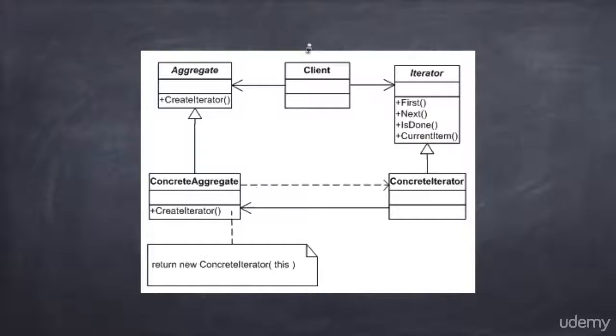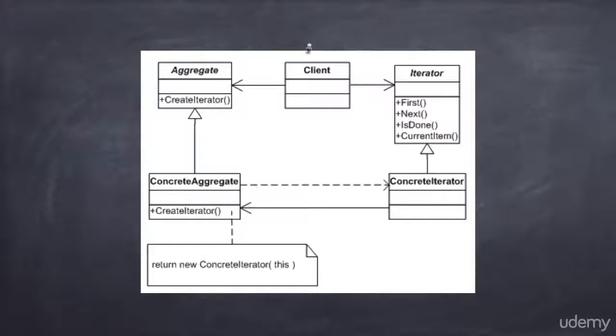We can find the interface of the iterator class in the top right of the diagram, in the abstract Iterator class. This class defines 4 members for accessing the elements in the collection. First, first, for resetting the iterator to the first element in the collection.